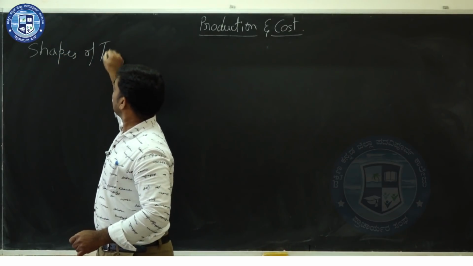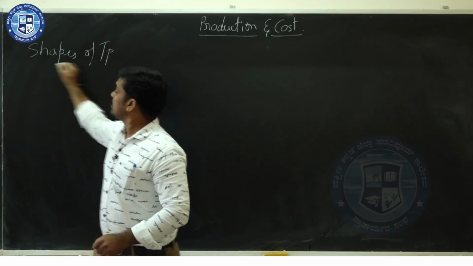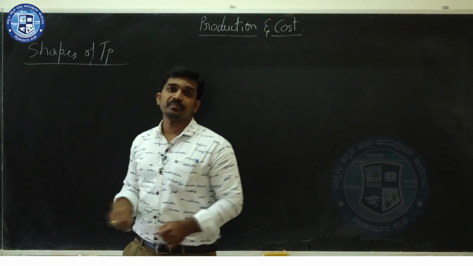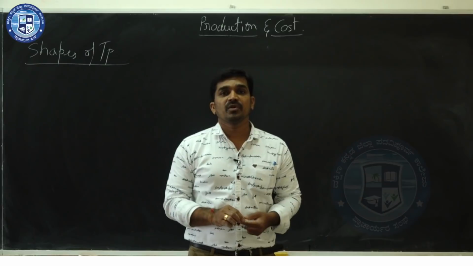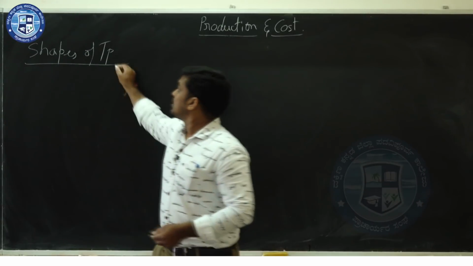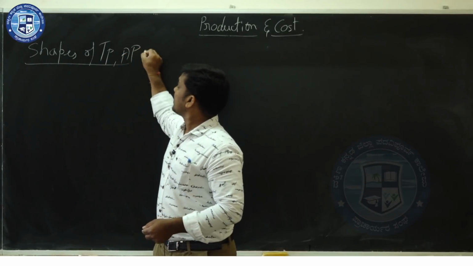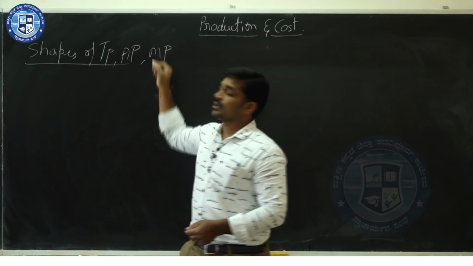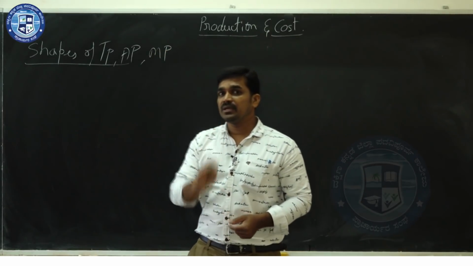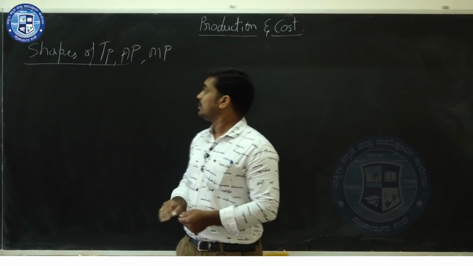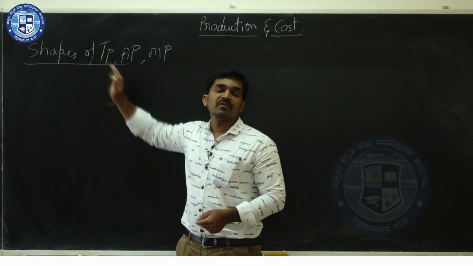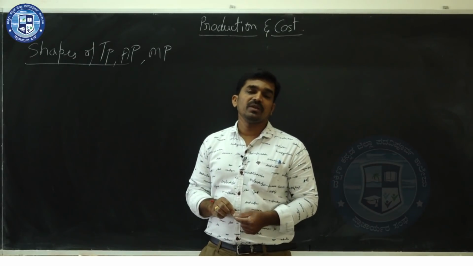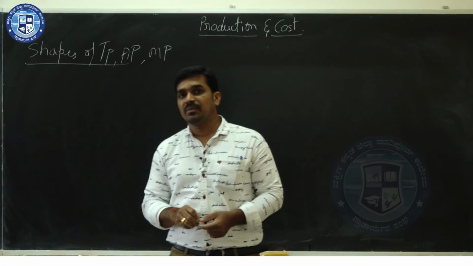The first one is the shape of total product, then average product and marginal product. First we draw the shape of TP, total product of labor or total product of the variable factor.